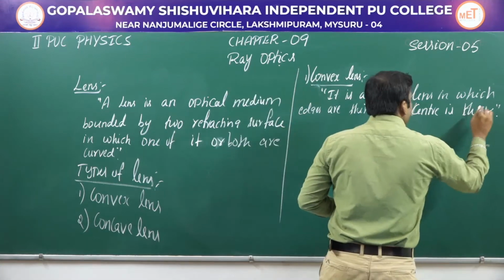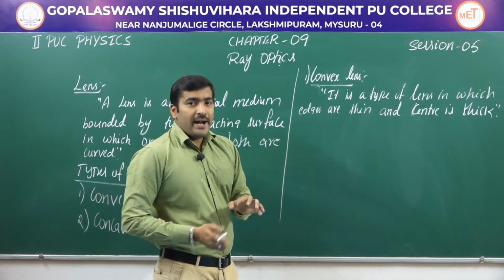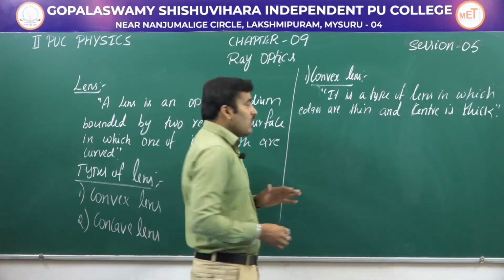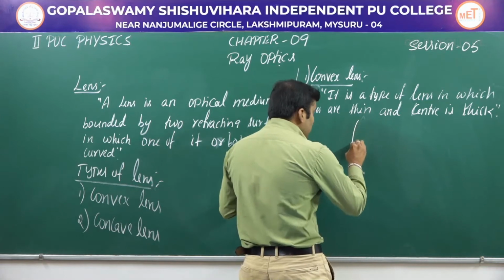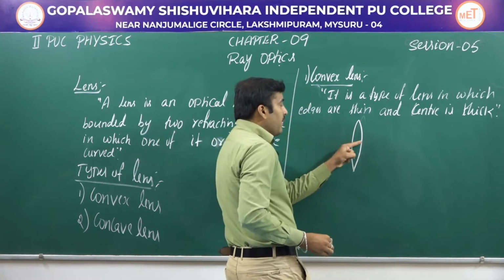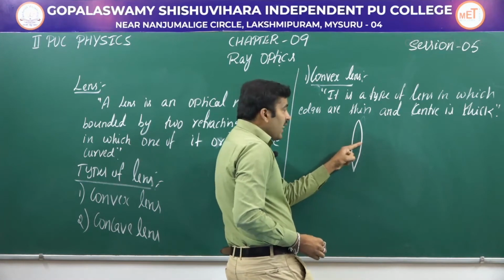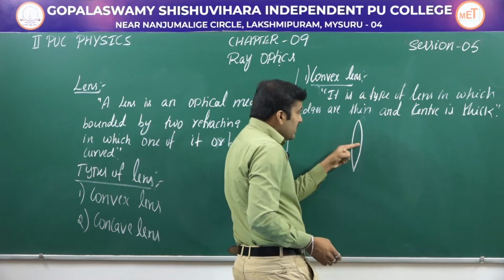Okay, so this is a type of lens where the edges are thin and the center is thick. How does it look? We had already drawn the convex lens, so this is a convex lens. You can observe it is bounded by two surfaces such that edges are thin and the center is thick.